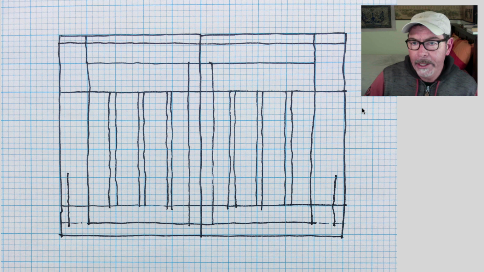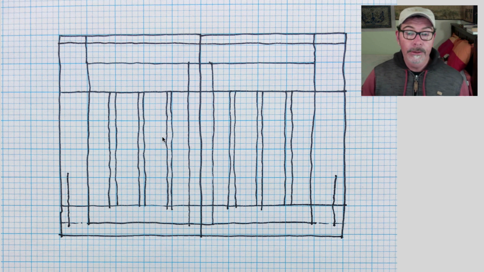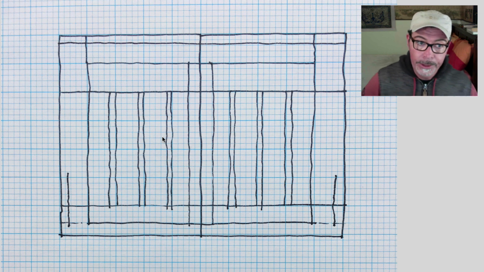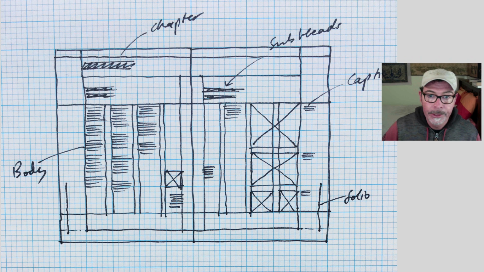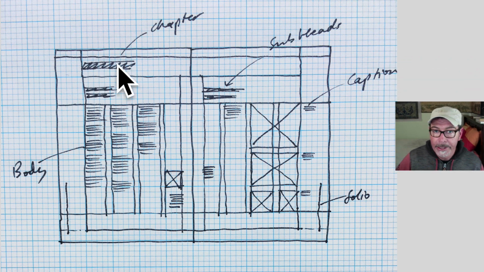I find graph paper helps because it gets me a little bit more precise when I'm starting to focus in on something. And after you've done that, what I've done here is basically sketched a sense of the margins and the grids. So we've already built the grids into your design, into the InDesign template. We want you to follow those, but you might want to start by sketching those out so you can then start to plan where you put things. So for example, here I'm going to put a heading up here. It'll be the chapter heading. This will be a subheading.